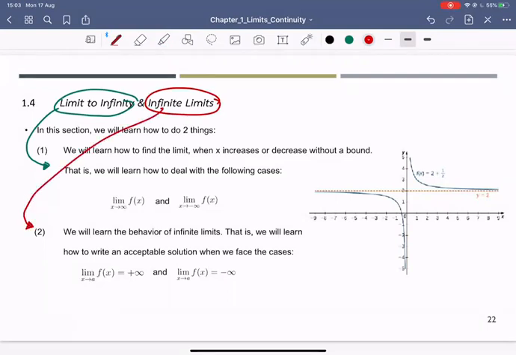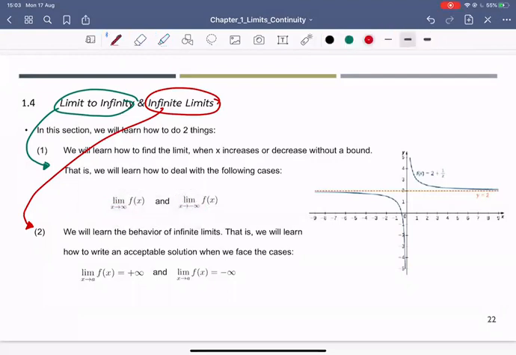For limits to infinity, you see this notation, x goes to infinity or x goes to negative infinity. This is the case that we call limit to infinity. So you're going to learn how to solve limit problems when you see this case.